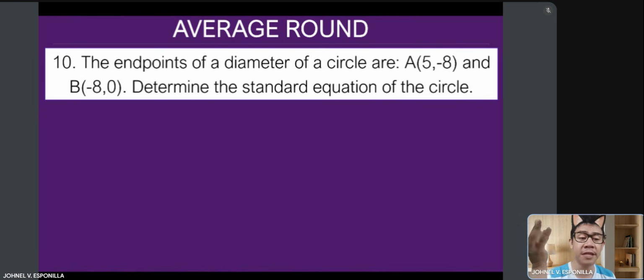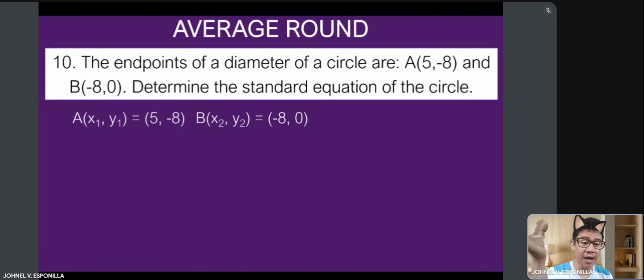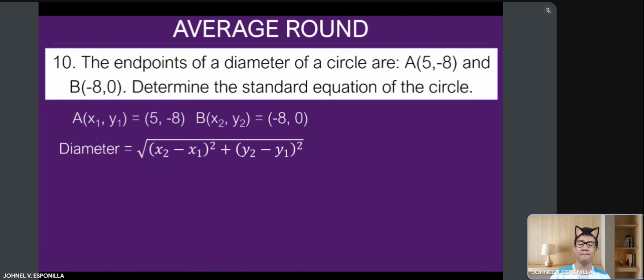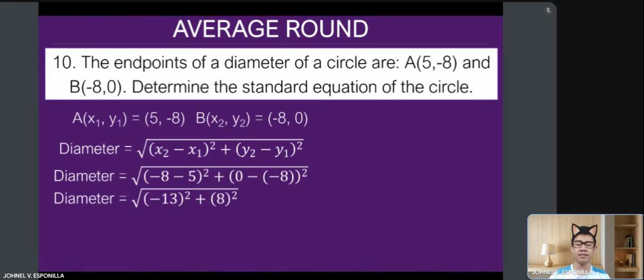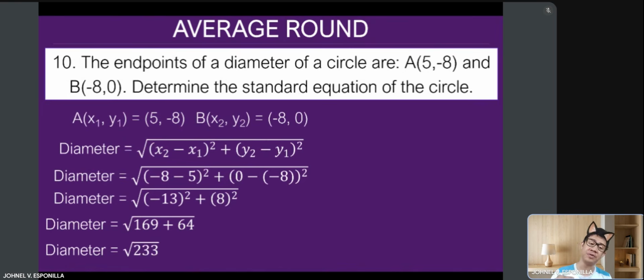Okay, so ito same problem as 9. So hahanapin ulit yung haba ng diameter using the distance formula. Substitution, then subtract, get the square, and add to get the diameter. This is now the length of the diameter, square root of 233.